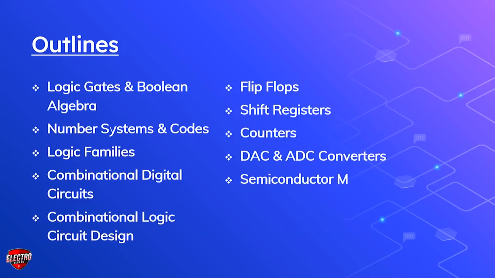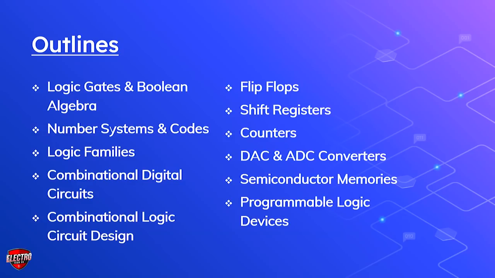And DAC and ADC are the converters for digital to analog or analog to digital conversion. The last chapter is based on different types of semiconductor memories like RAM, that is random access memory, or ROM, that is read-only memory, and programmable logic devices.